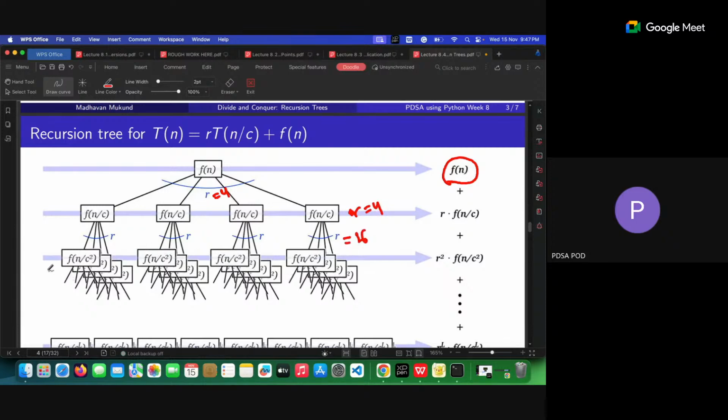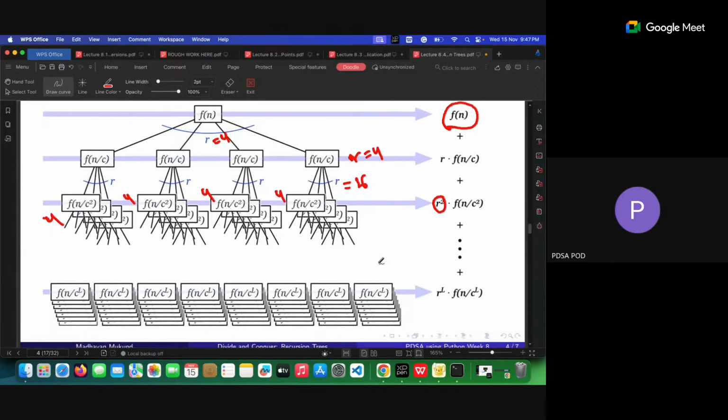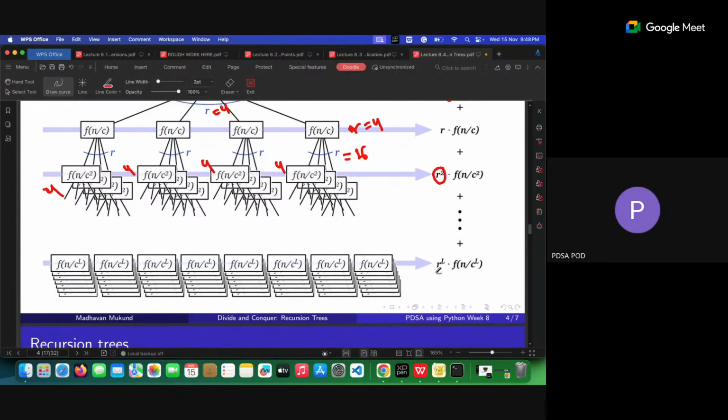Each of these goes for another 4, so totally it is going for 16. That is the reason for r squared times f of n by c squared, and it keeps moving. So r goes to the power of l, with f of n by c to the l.